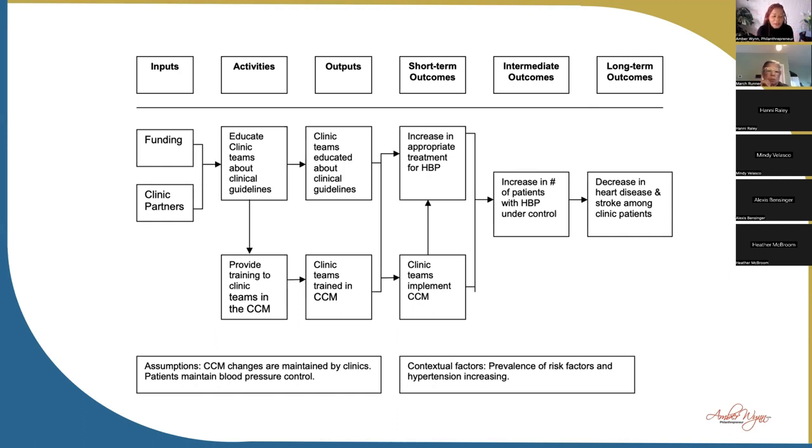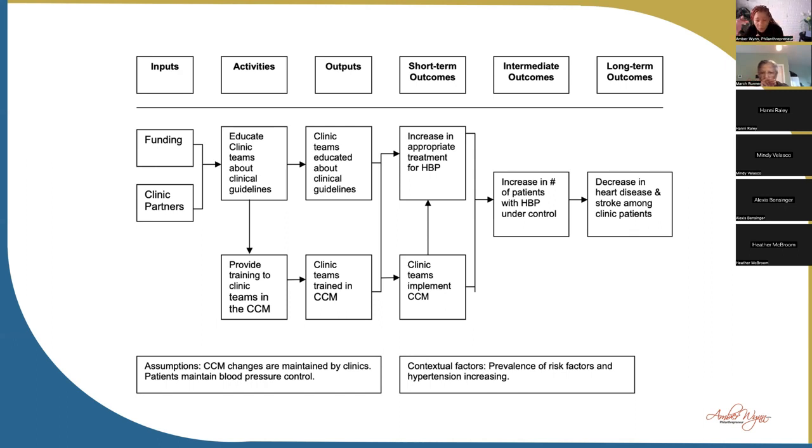Then you have the activities, which are to educate the clinic teams, and if you educate the clinic teams, then you will be able to provide training to them in the specific model. The outputs are that the clinic teams are now educated about these guidelines, and that they're now trained in this model.